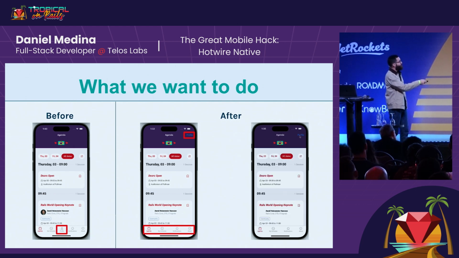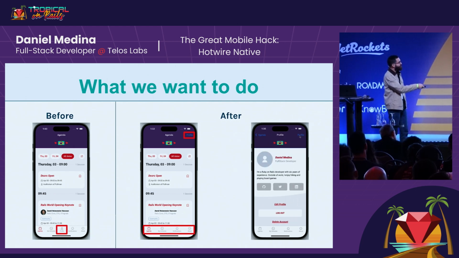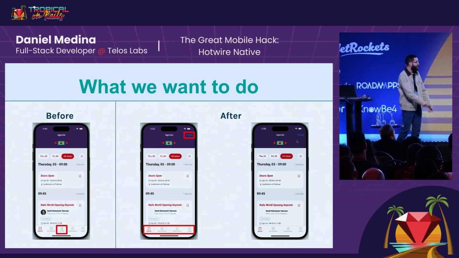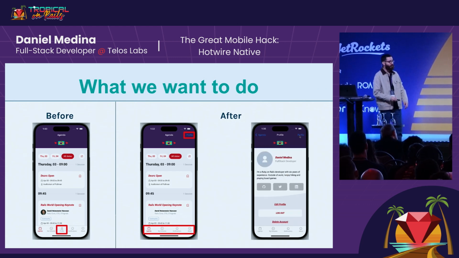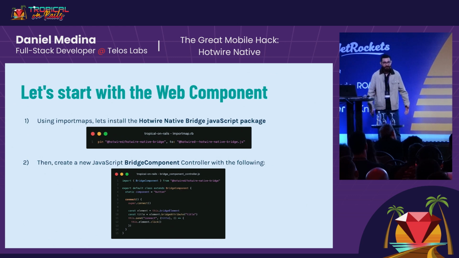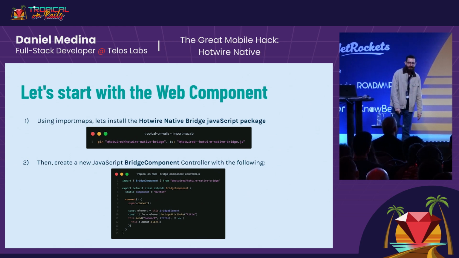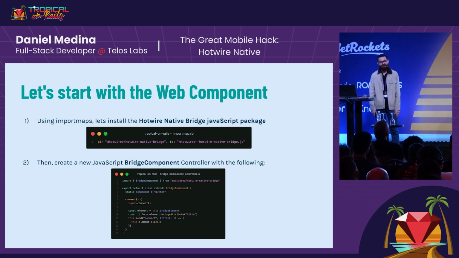So at the end, we want, when we click it, to redirect us to the profile page. So how did I do this? OK, remember that it requires a web component and a native component. So let's start with the web component.